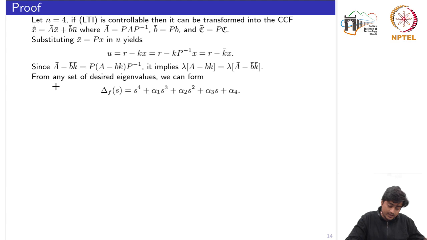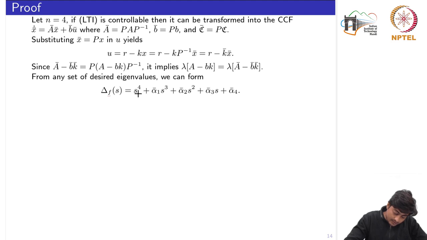Now suppose we are given a set of desired eigenvalues, and using those eigenvalues we can determine the characteristic polynomial of the feedback system. So we need to fix some eigenvalues of the closed loop feedback system. That's why we have used the subscript f, right?